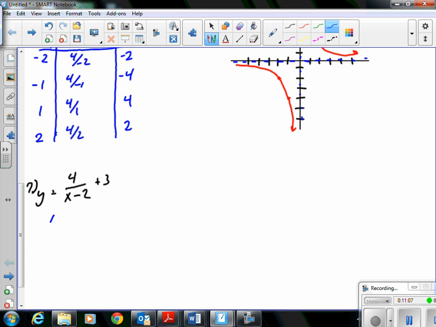So the h value is going to be the 2 right there, and then the k value is going to be the 3 over here. So our asymptotes are going to be the line x equals 2 and the line y equals 3.